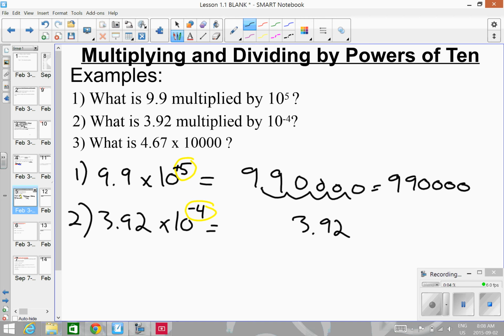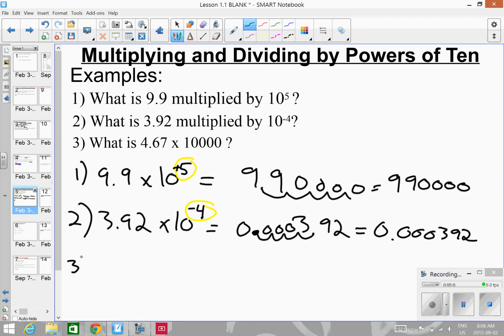So when it's negative, our number gets smaller, which means we move the decimal to the left. How many spots? 4 spots. So 1, 2, 3, 4. So that's where our decimal is now. All the empty spots you fill up with zeros. So now our answer, and we can have a 0 in front of the decimal too, is 0.000392.